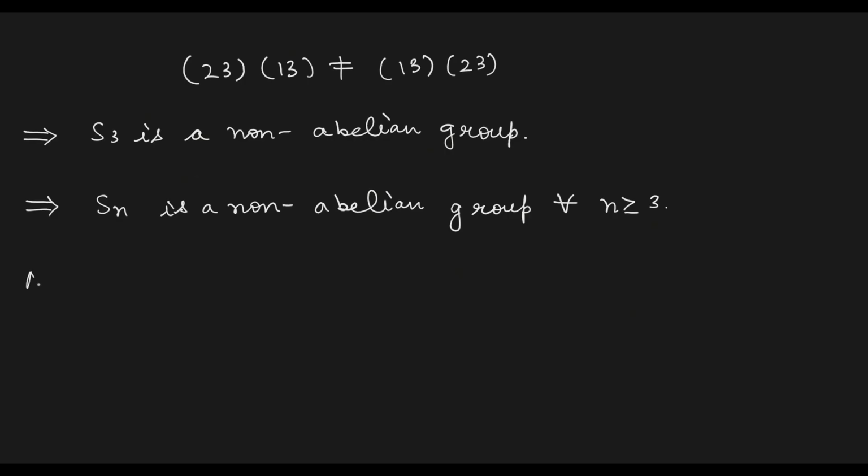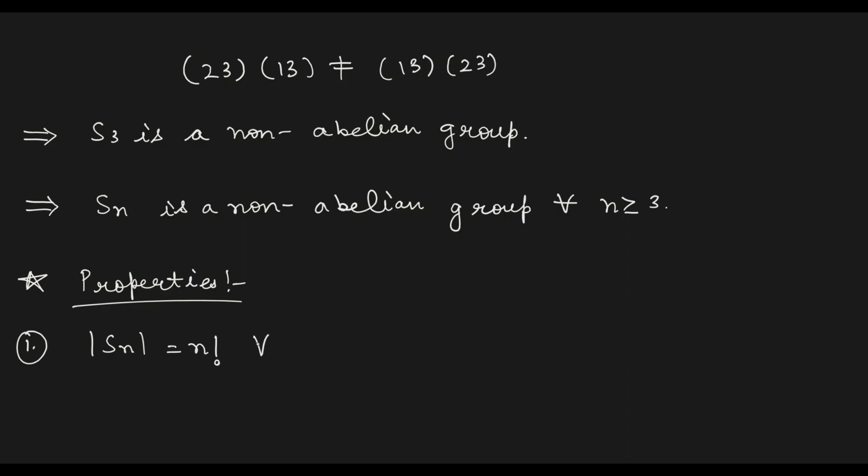Now some properties of the symmetric group. First, the order of Sn is n factorial for all n greater than or equal to 2.